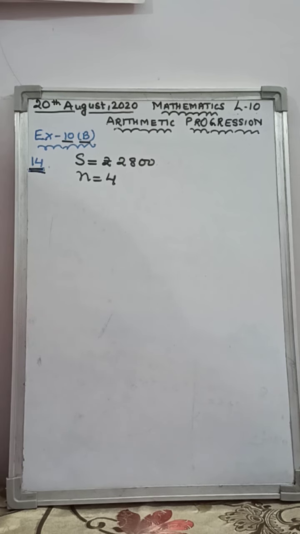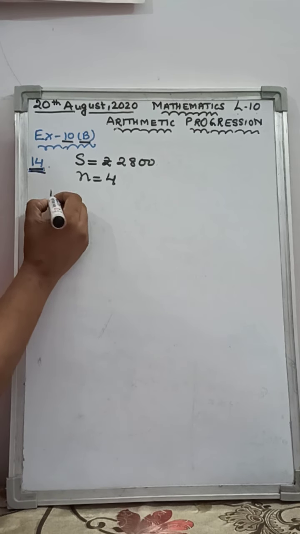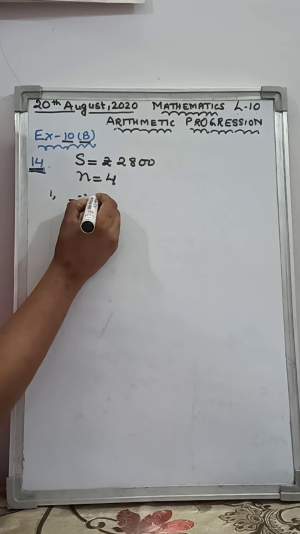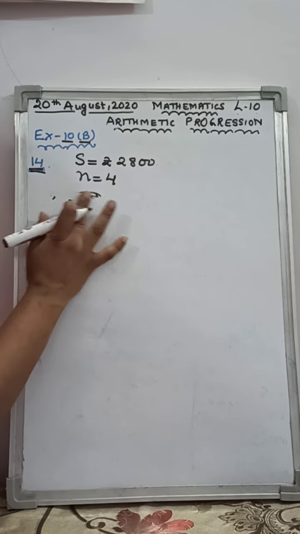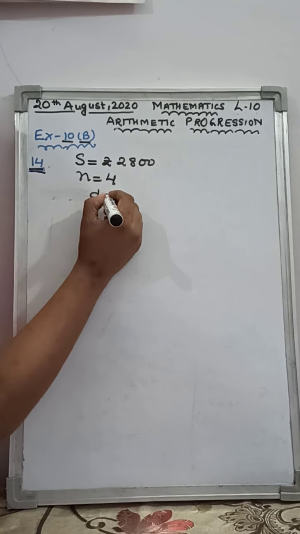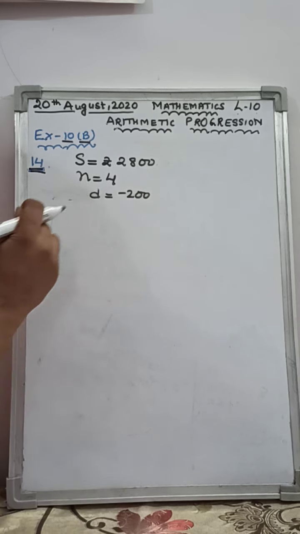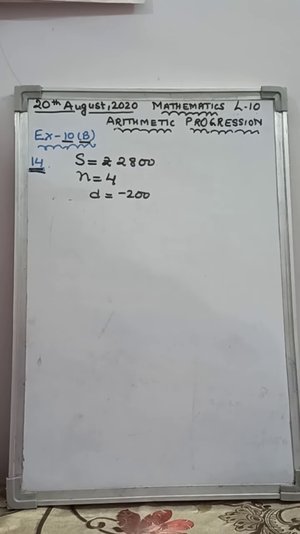That means if you read the question, it's saying each prize after the first, suppose this is first, after the first is 200 less. Clear? That means now common difference will be minus 200 because it is 200 less than the preceding prize. Now we have to find the value of each prize. Clear?